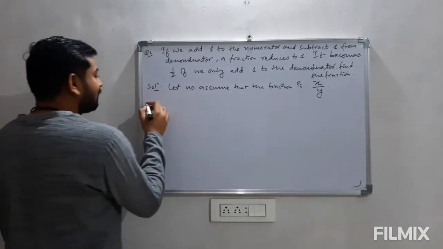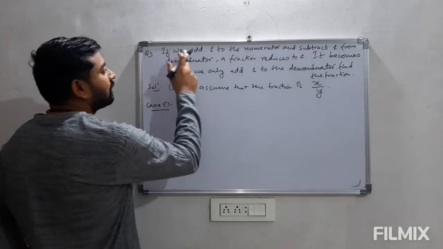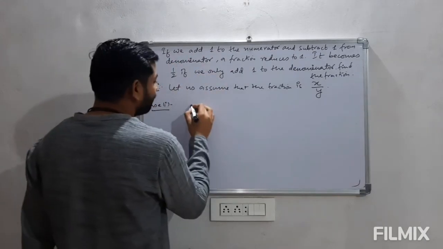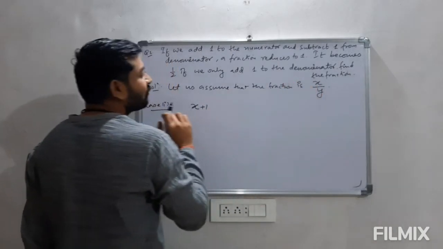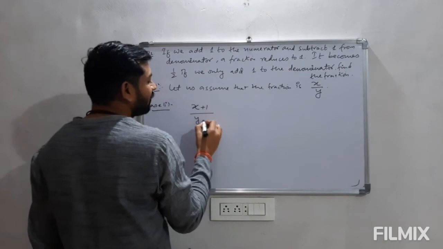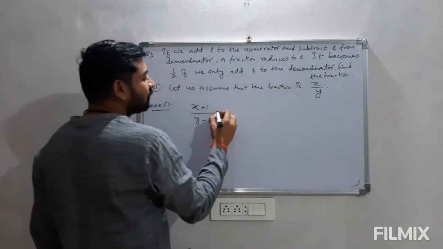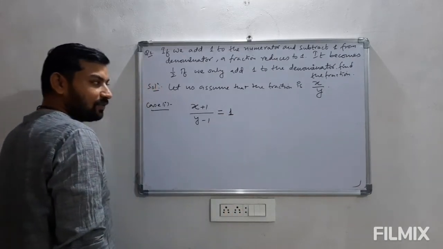Now in the first case, if we add 1 to the numerator, the numerator is x plus 1 now. In place of x, it is x plus 1, and subtract 1 from the denominator, it is y minus 1. The fraction reduces to 1, means it becomes 1. This is the first situation here.